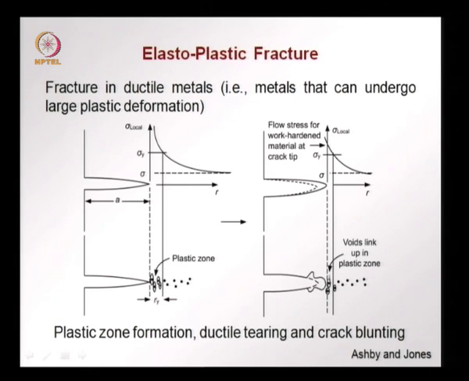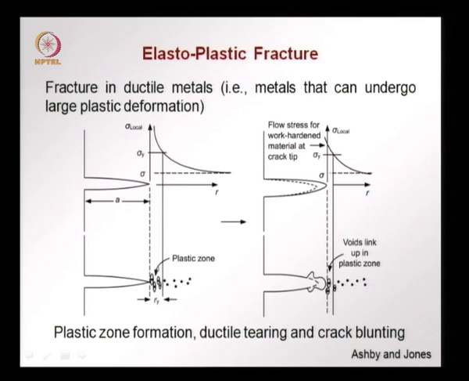Now with the inclusion of the cavities, the crack blunts, that is, it loses its sharp end. Since there is this blunting, the stress intensity at the crack tip decreases, the stresses drop slightly at the crack tip. So this requires further energy to propagate the crack, and there is an extension of the plastic zone beyond the crack blunting.